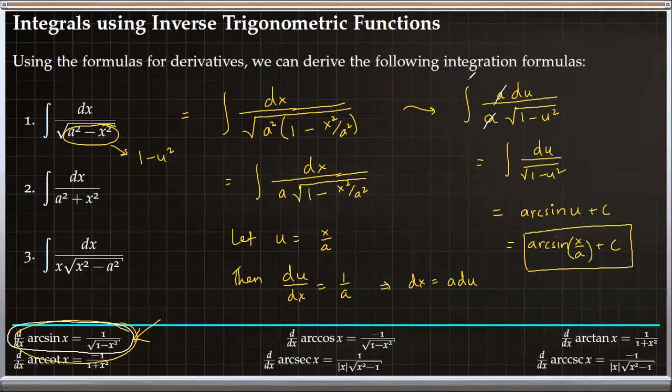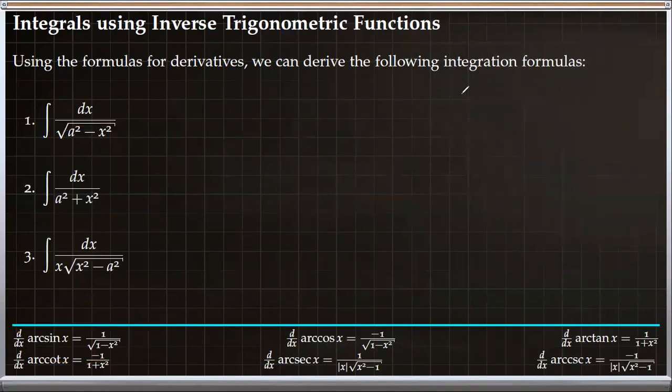Now let's look at the next integral. So here we want to find the integral dx over a squared plus x squared. And looking at the derivatives we have over here, this matches best with this formula. Derivative of arc tangent of x equals 1 over 1 plus x squared.